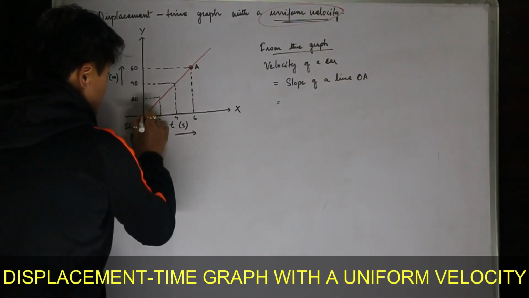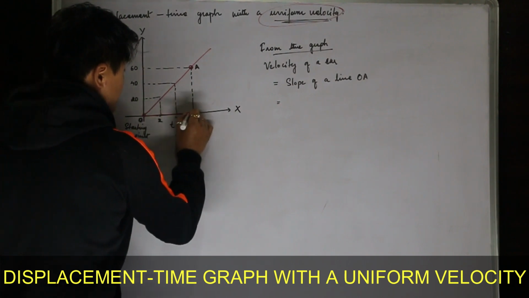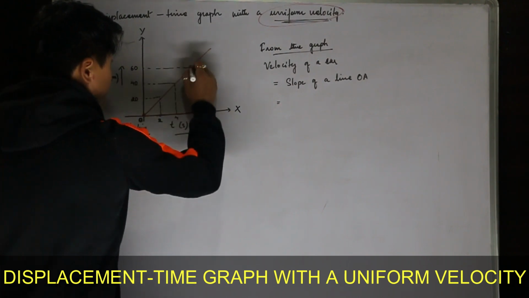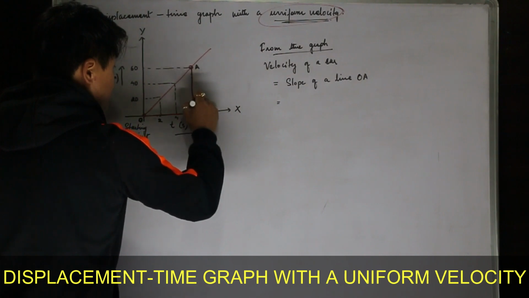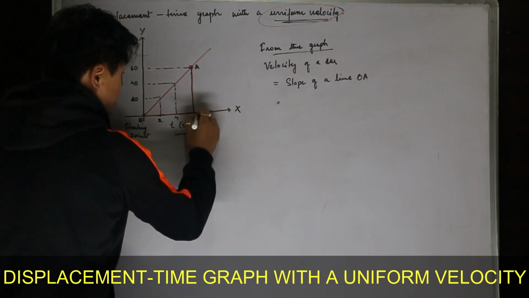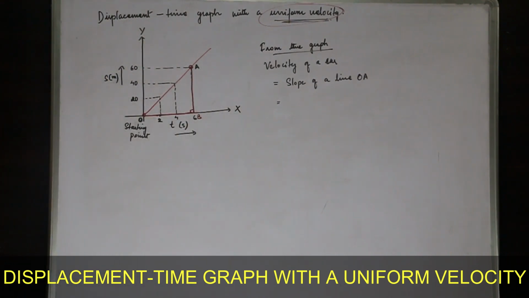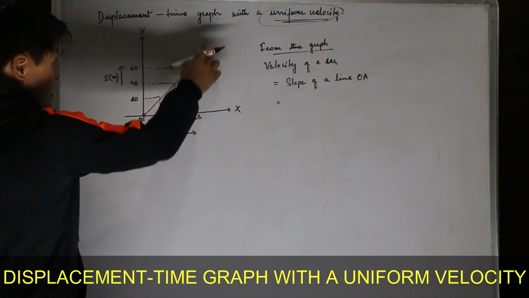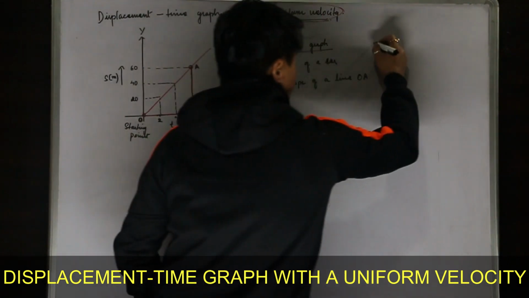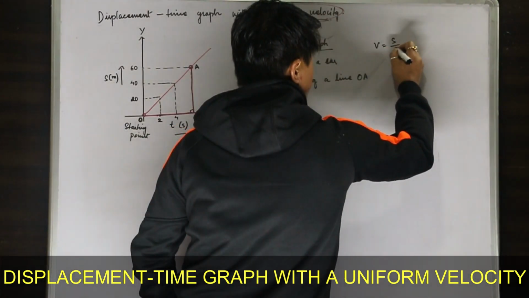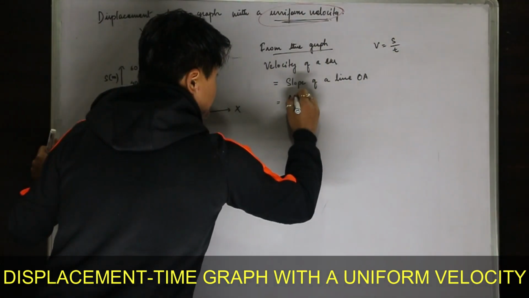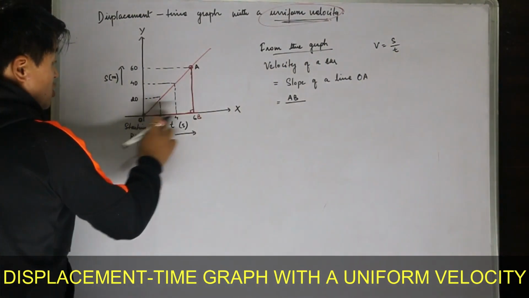From O, let's draw a horizontal line, and from A we draw a vertical line. They meet at point B, forming a right angle at B. Now the slope of the line OA will be the displacement upon time, that means velocity. Velocity is equal to displacement upon time, AB upon OB.